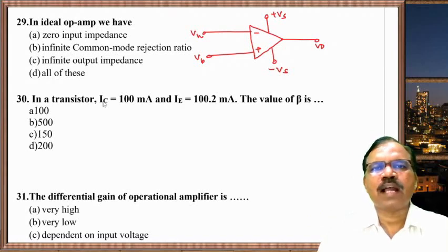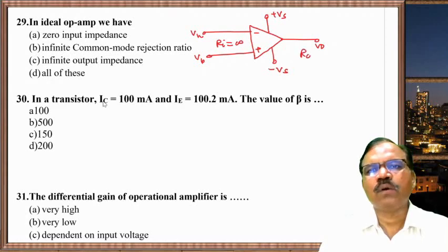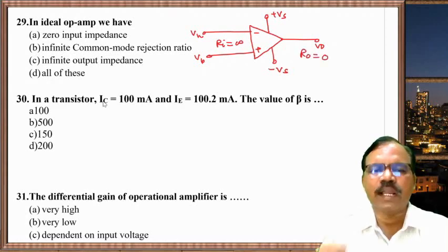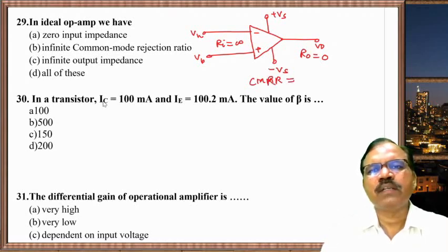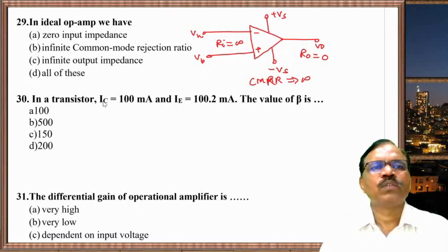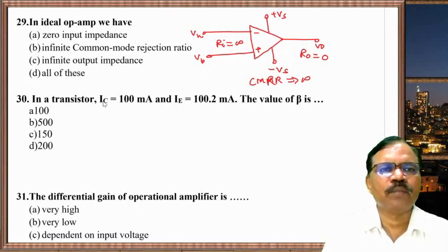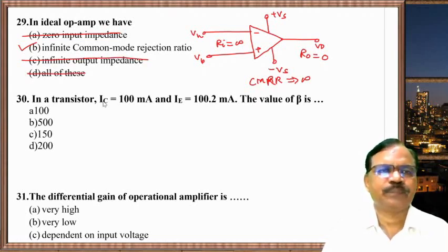So whatever Ri measured here, Ri must be infinite, R0 must be 0 ideally, and common mode rejection ratio CMRR must be equal to infinite. So here if we see 0 input impedance, no, infinite common mode rejection ratio, yes, infinite output impedance, no, all of these no. So this second one is correct.